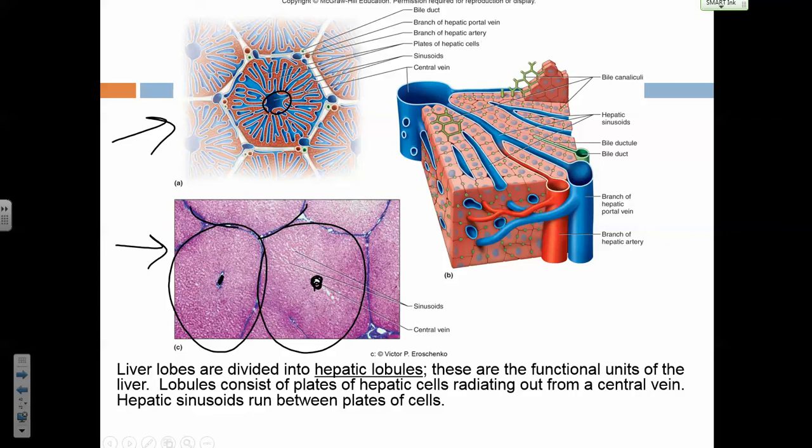Okay, so watch. The hardest part about the liver is to figure out the blood flow through it. So imagine it macroscopically. Now this is from your lab information.